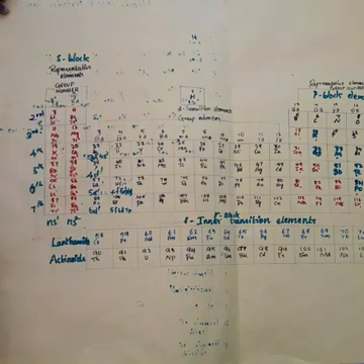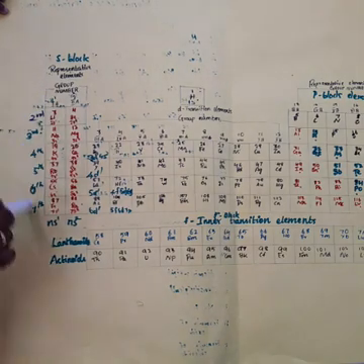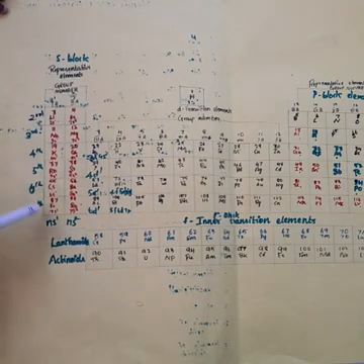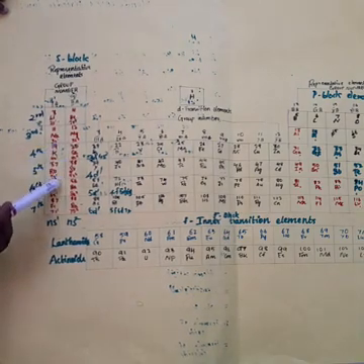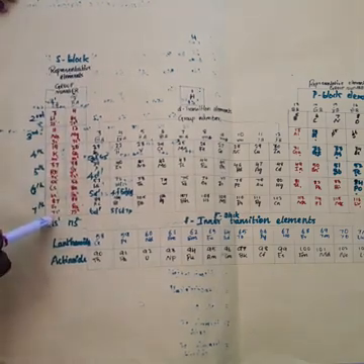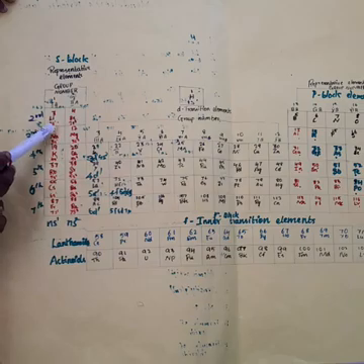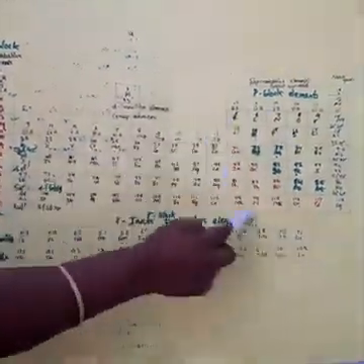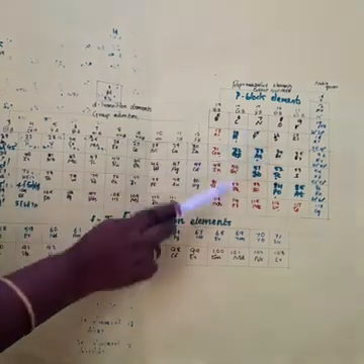So the elements in the same group have similar chemical properties because they have the same number of electrons in their outer shell. The S block and P block elements, in all the groups, have the same outer shell electrons, so they have the same chemical properties.